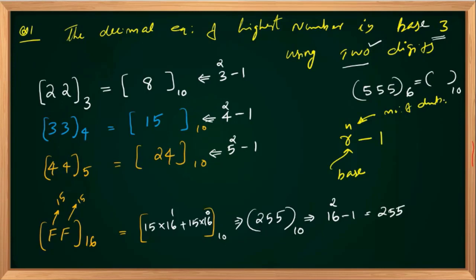So in a particular base, if you are using n digits, to identify the decimal equivalent of the highest possible number in base r using n digits, take r power n minus 1.